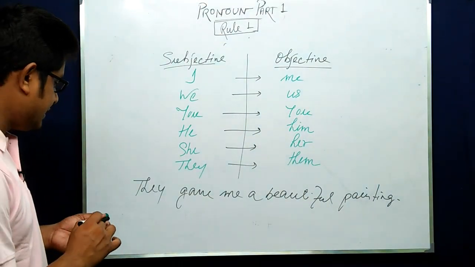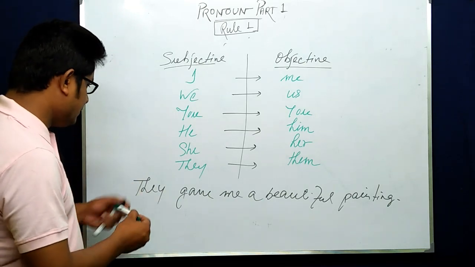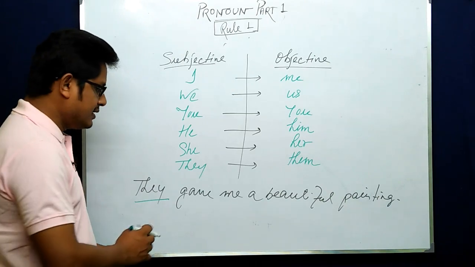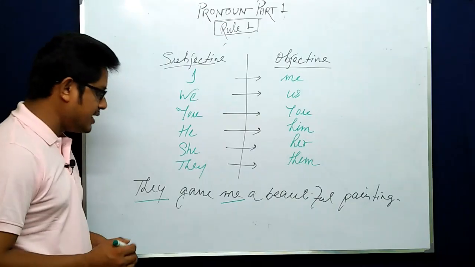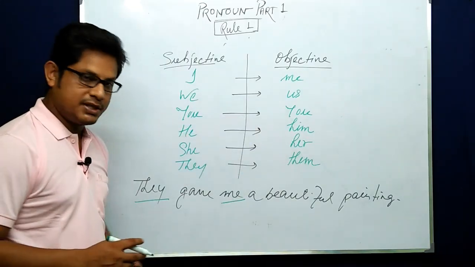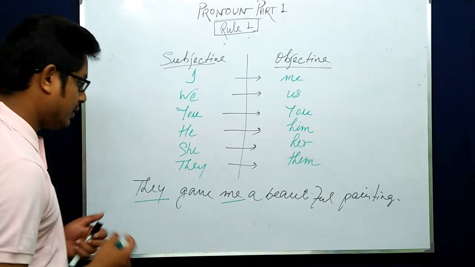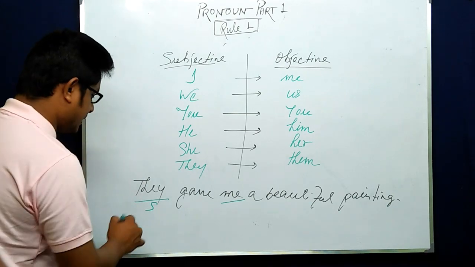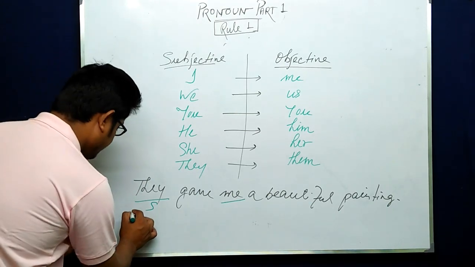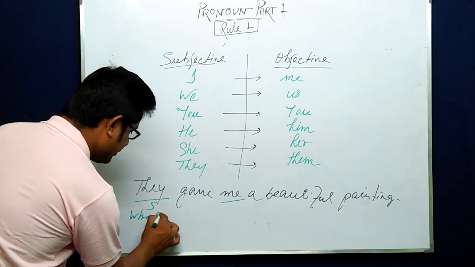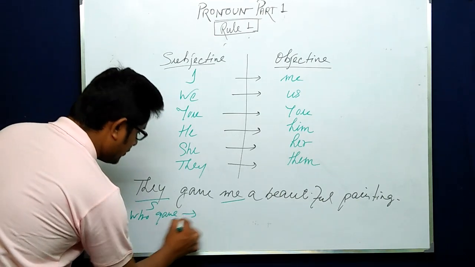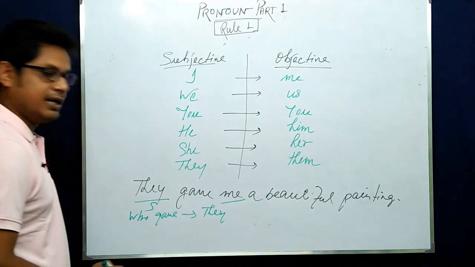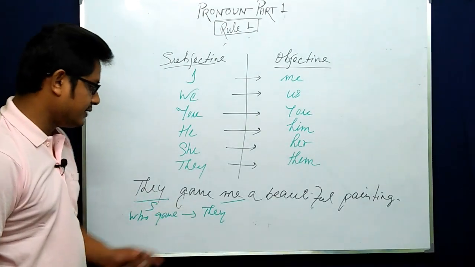Now in this sentence, at first see, I have used they, so they is subjective. Now I have again used me, which is objective form. Now how and why have I used it? See, S means subject, they is the subject. If I ask who gave, the answer would be they. So this is the subject of the verb gave.